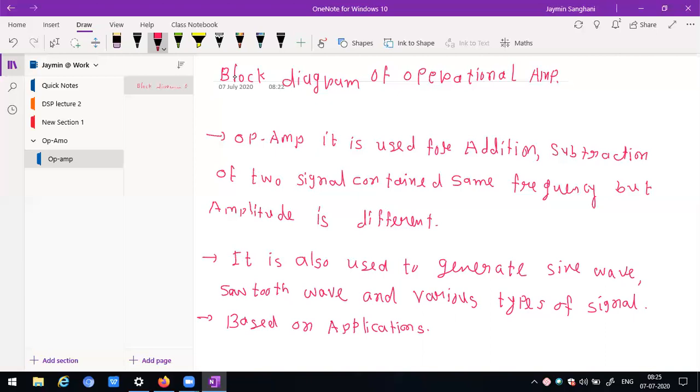So it is known as operational amplifier. Operation itself indicates it is used for mathematical operation.